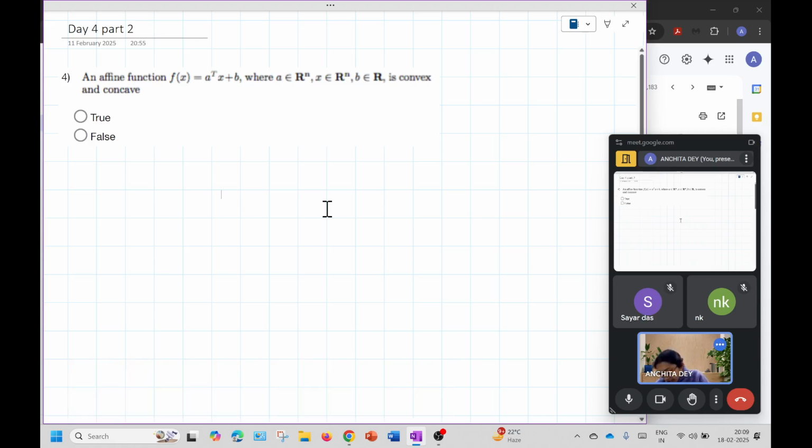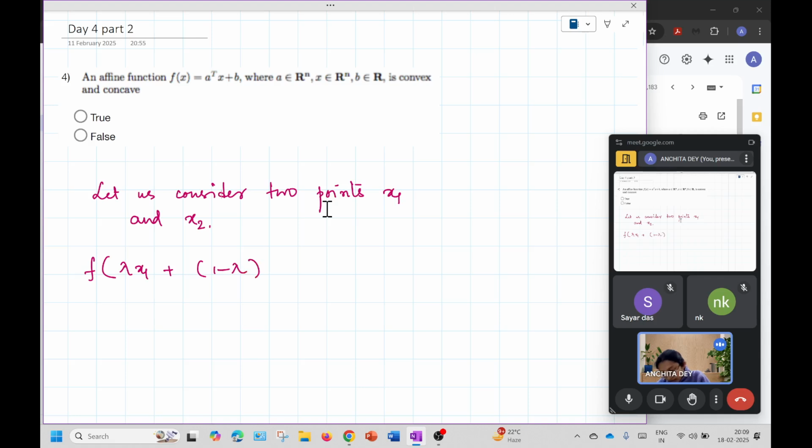So let us consider 2 points x1 and x2. Now we have f of lambda x1 plus 1 minus lambda x2, where lambda doesn't have to be between 0 to 1 actually for affinity, but if you are focusing on only convex and concave, then you can just look into the 0 to 1 range, right?